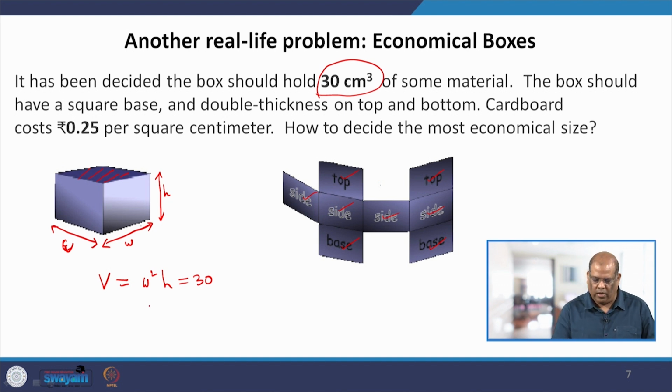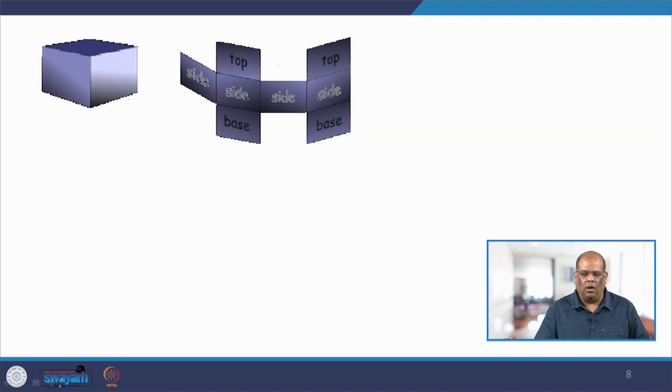So, from this equation I can get that H is equal to 30 by W square. Now, next we calculate the cost. For that I need the surface area, how much area of cardboard I need, because my product costs per square centimeter.